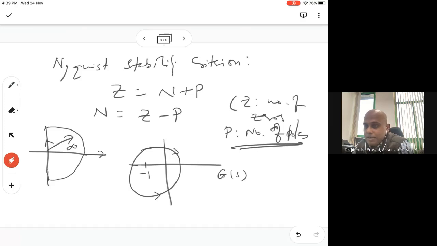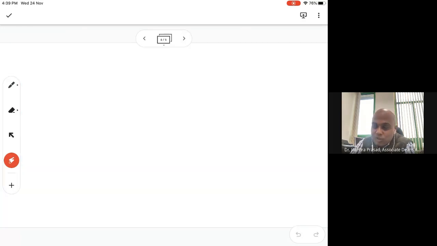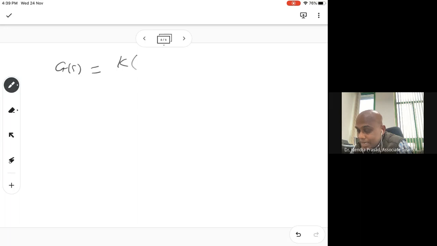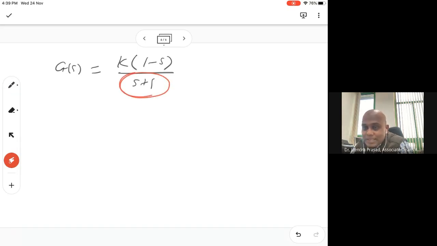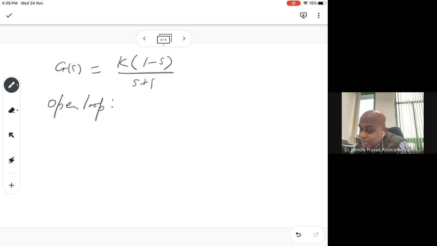So going back to the original problem, if G(s) is given equal to K(1 minus S) divided by (S plus 1), then what do we have? For the open loop transfer function, we have a pole at S equal to -1, right?